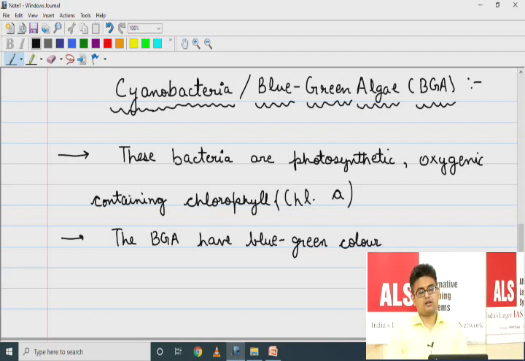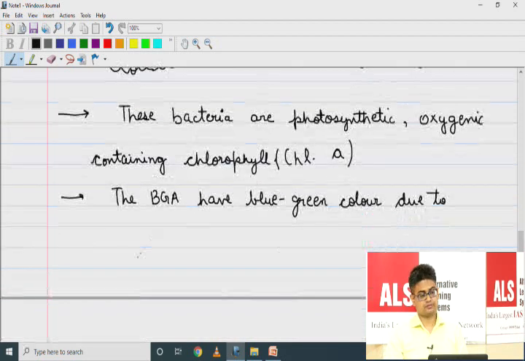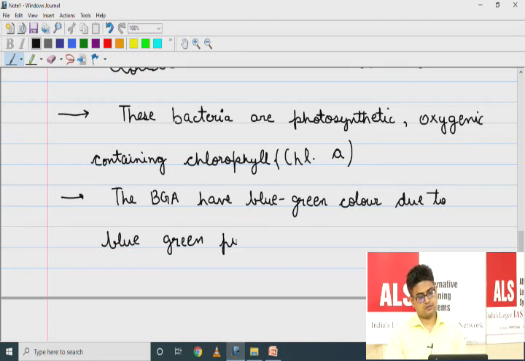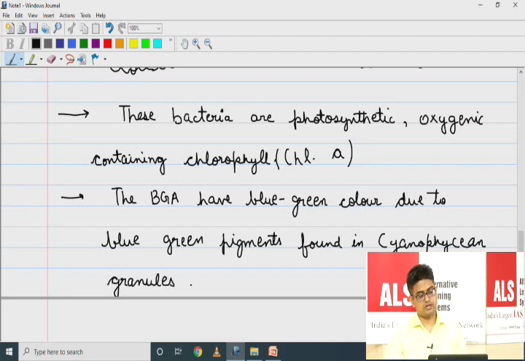These pigments are phycocyanin and phycoerythrin, found in cyanophycean granules in the cytoplasm. They have some granules found in their cytoplasm, and these are called cyanophycean granules.